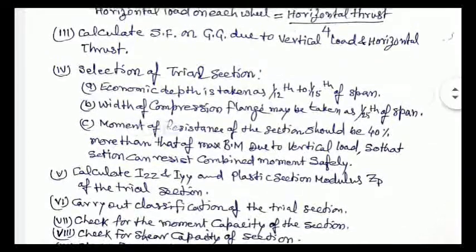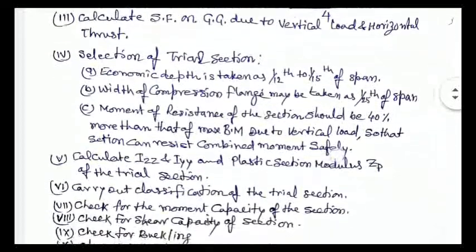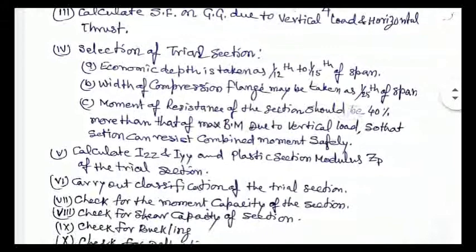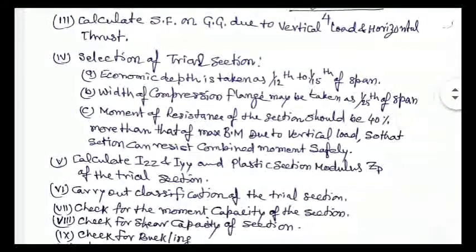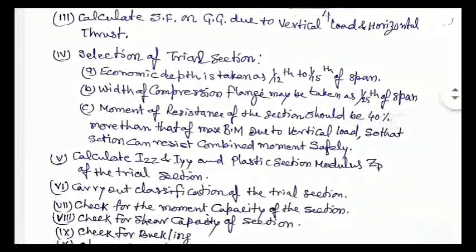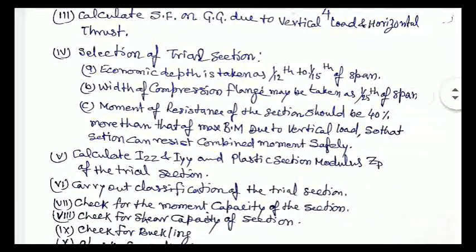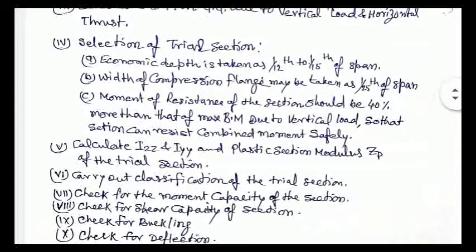Second, width of compression flange may be taken as 1/25 of the span, or 1/25 to 1/30 of the span. This is the range. And third thumb rule is the moment of resistance of the section should be 40% more than the maximum bending moment.